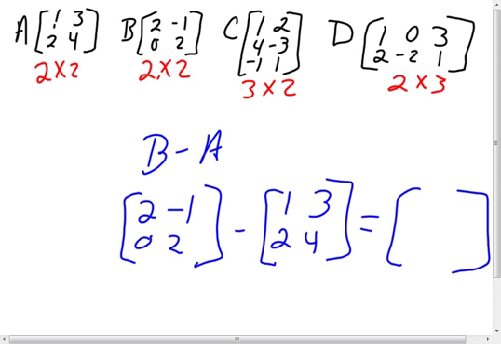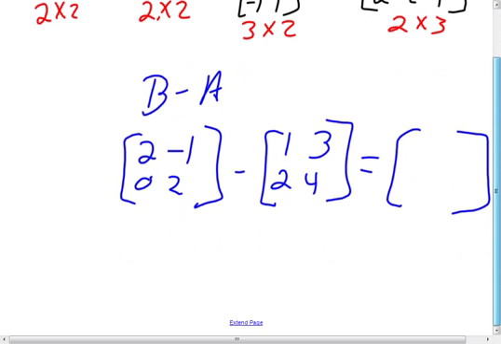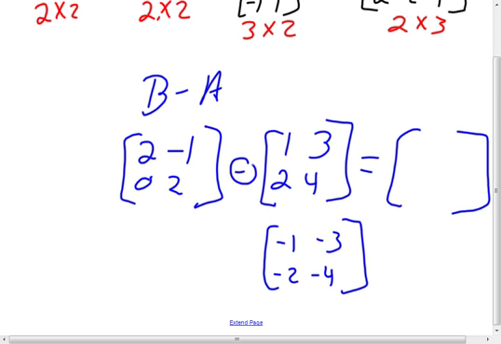Basically what you're doing is you're adding the inverse. So first step, I would want to change all of the signs in the A matrix and then add those two together. So changing the signs in the A matrix, I would get negative 1, negative 3, negative 2, and negative 4. And now I change my operator from subtraction to addition, and I add these numbers together.